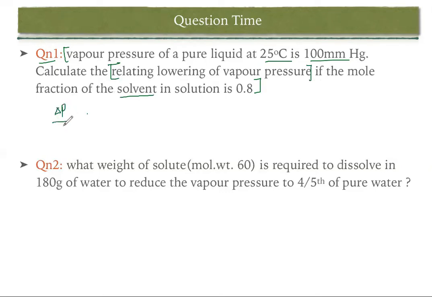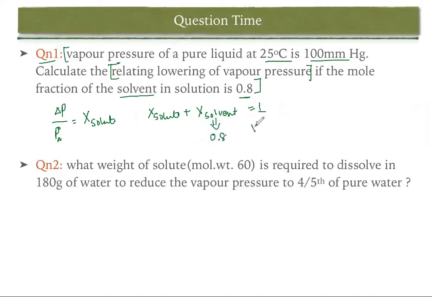So delta P upon PA naught is equal to X of solute, right? But he has given only the solvent part, and as we already know, mole fraction of solute plus mole fraction of solvent is equal to 1. So here he has given the mole fraction of solvent, this value is 0.8.